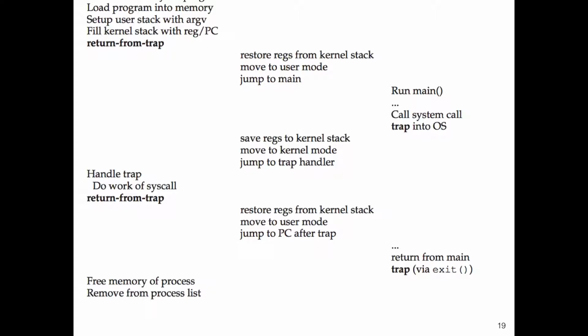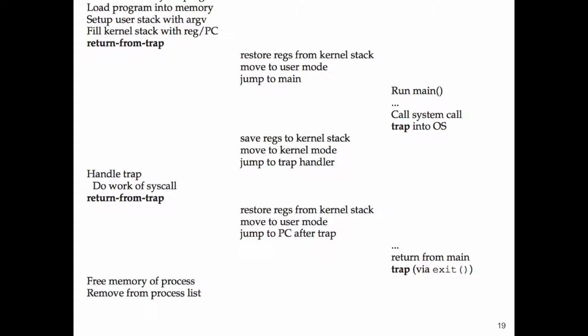The OS will finally handle the trap with syscall, return from trap. So this is now similar to return from trap. Once you return from trap, you do the same thing. You restore the registers, move to the user mode, jump to the program counter after trap.